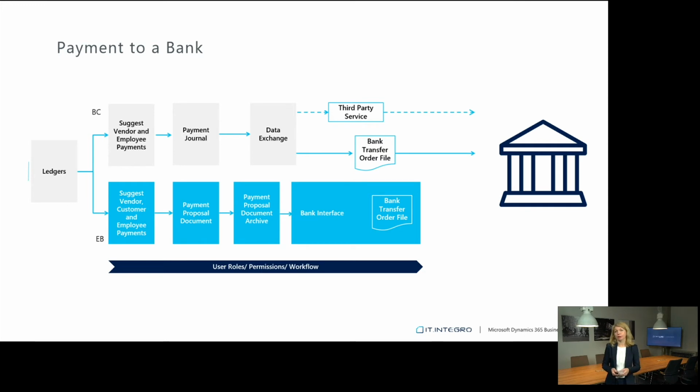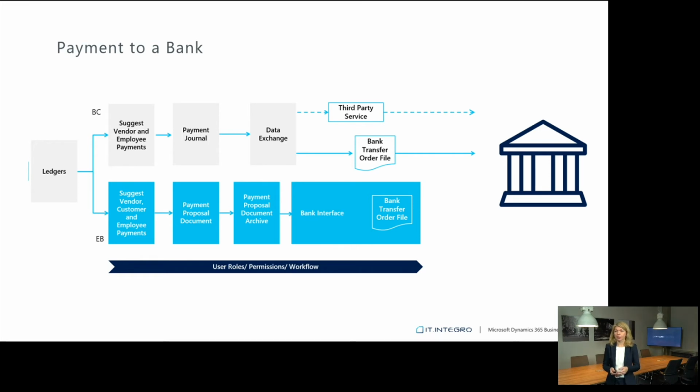In the payment process, the payment journal contains unsettled entries for vendors and employees, but does not have many setup options. In the case of the electronic banking base app, the transfer orders are sent as payment proposals. In addition to payments for vendors and employees, payment proposals can be used for payments to customers, for example, for credit notes.